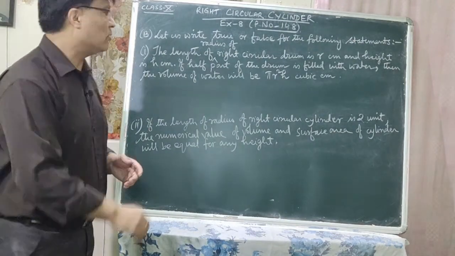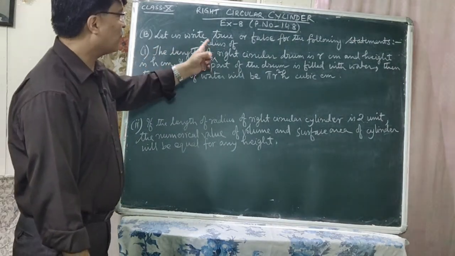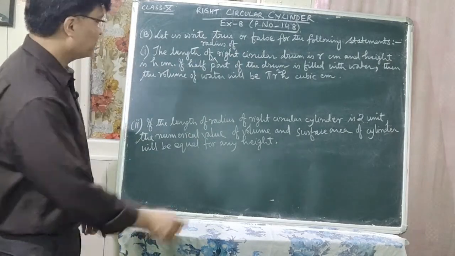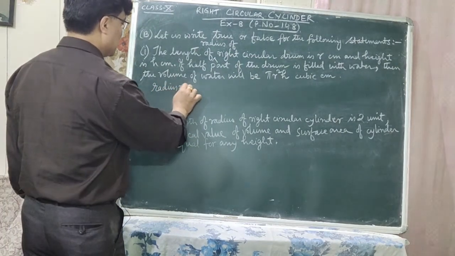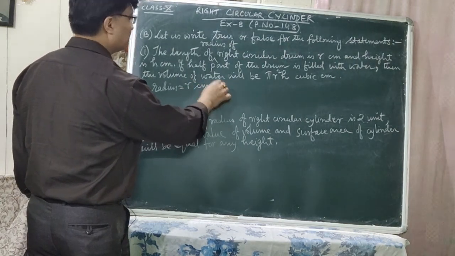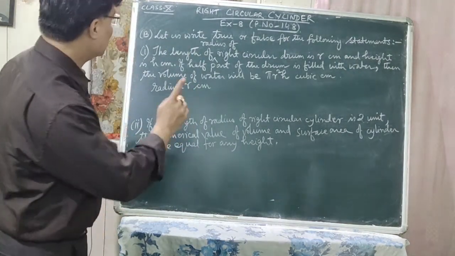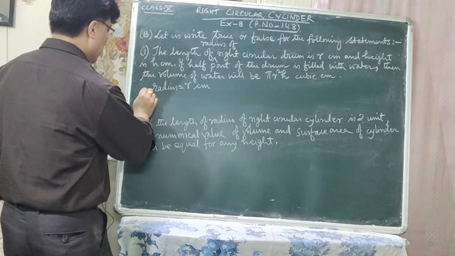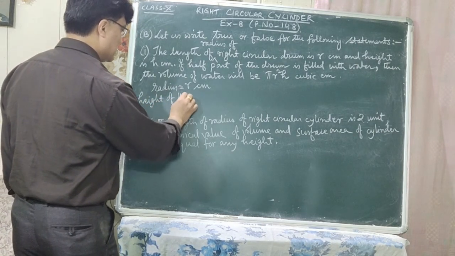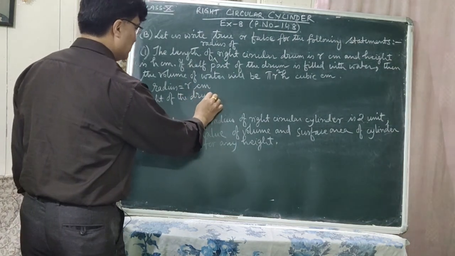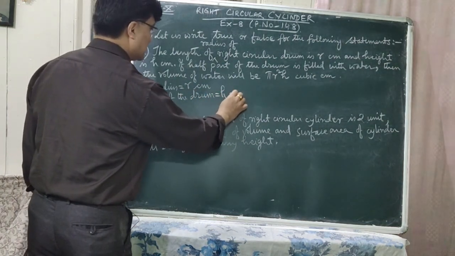So now what is the length of radius of the circular drum? Radius is given as r centimeter. What is the height of the drum? The height of the drum is equal to 8 centimeter.